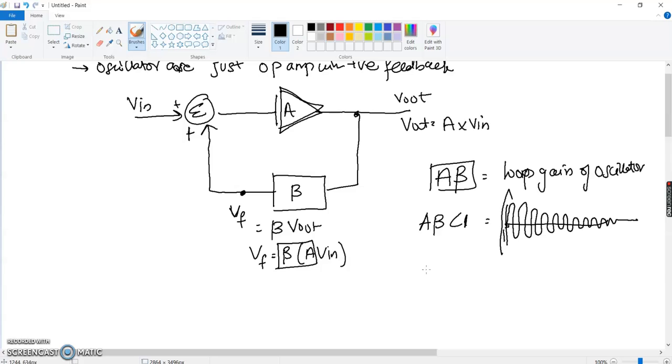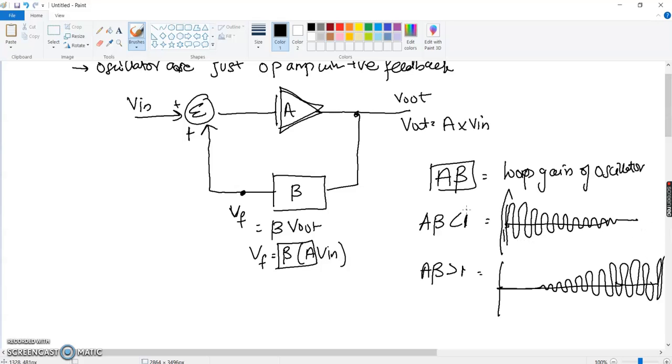Secondly, when we have A beta greater than 1, in the start you probably would not have any value, but eventually the oscillator will start to oscillate and it will keep on increasing.